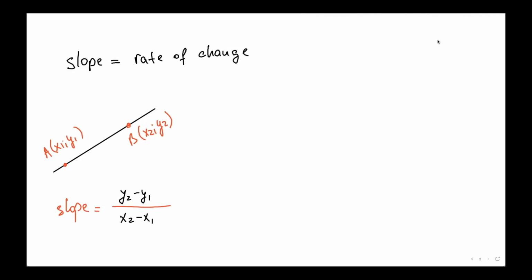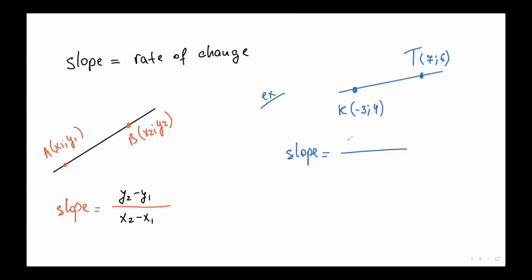Okay, let's write an example. Imagine that you have a line. We have the point K here, which has coordinates -3, let's say 4, and another point P, which is 7 and 6. If you use the formula to find the slope, y2 minus y1.